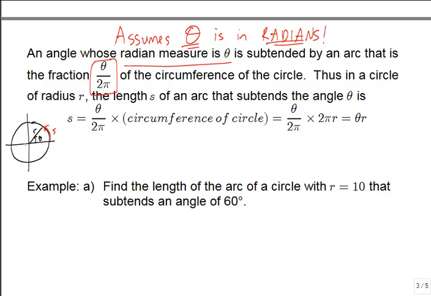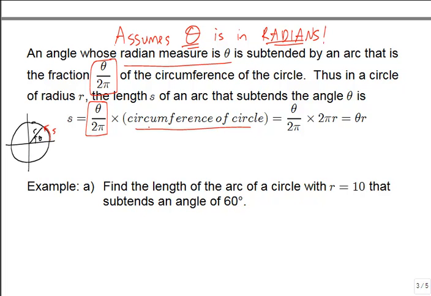So what would our arc length be here, this s? Well, the arc length is a fraction of the entire circumference. And what fraction would it be? It's the same fraction that this angle represents. So we're going to take this fraction, theta out of 2 pi, and multiply it by the circumference of the entire circle.